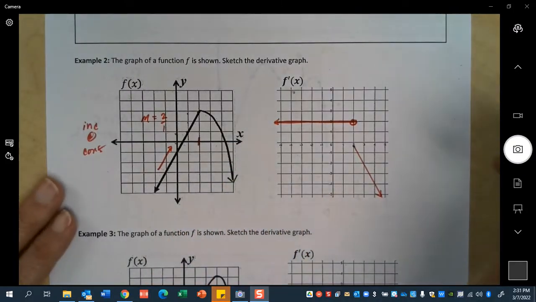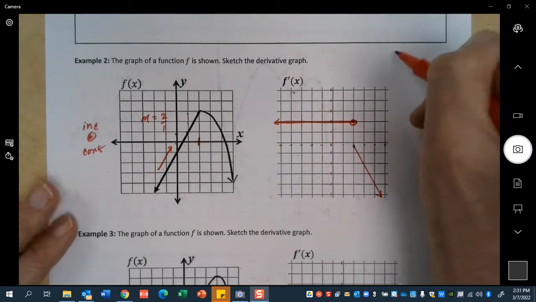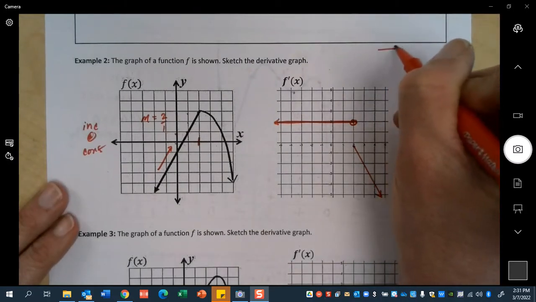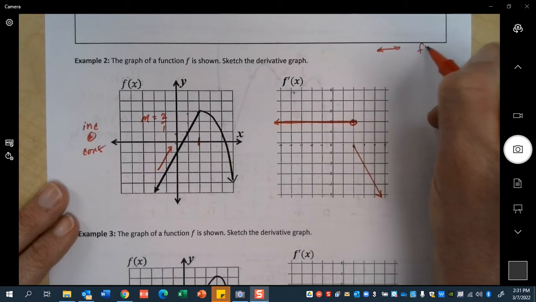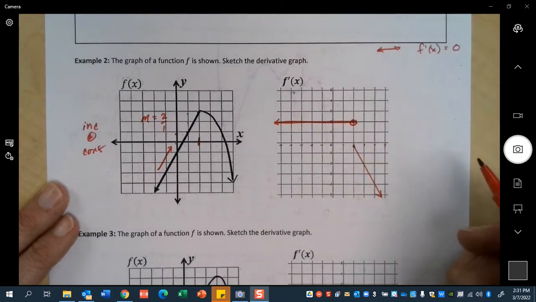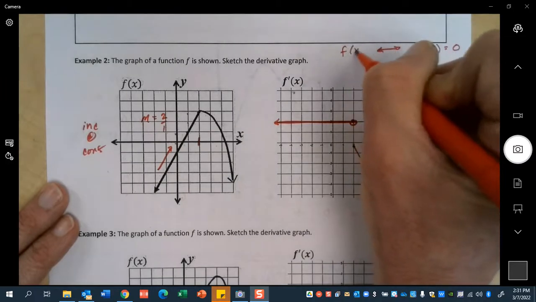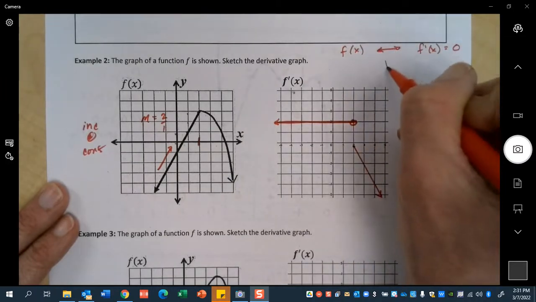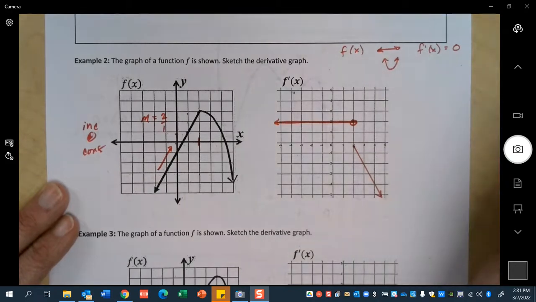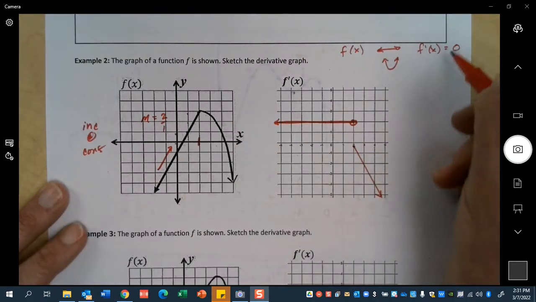So the interesting conversation is, if I have a straight line, my derivative graph is 0. If my original graph is quadratic, my derivative graph is going to be linear.